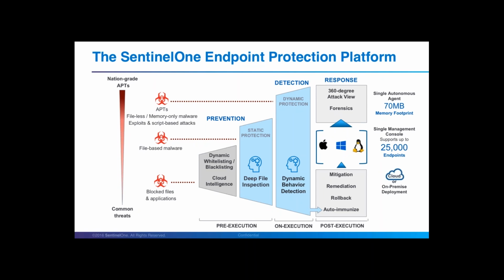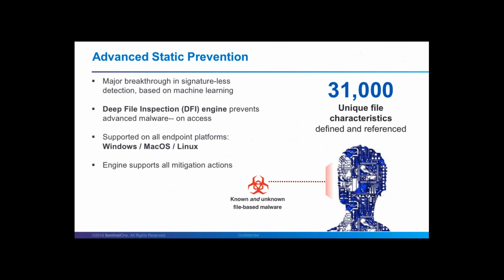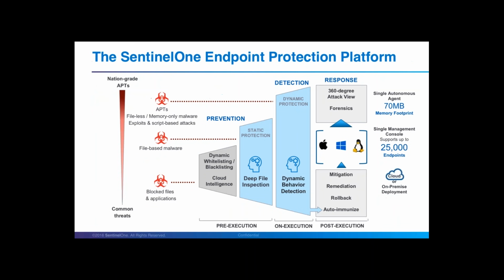We have remediation. Because we're operating at the point of execution, we also need to be able to deal with the situation of malware that has done something on the device. So of course we have remediation, the ability to undo the damage that's been carried out on the system. And that includes rollback. So with rollback, we can restore the full system to its state before the malware began to run.